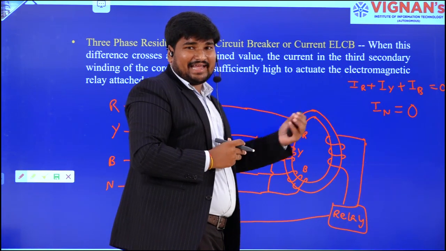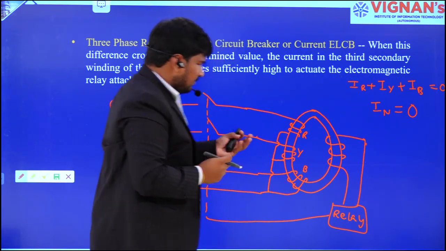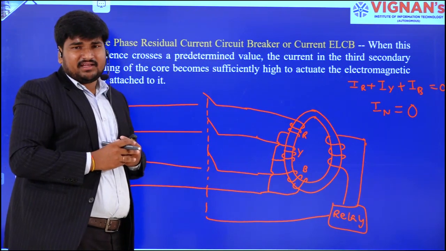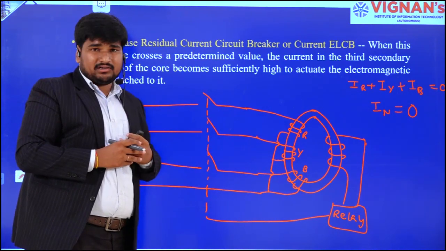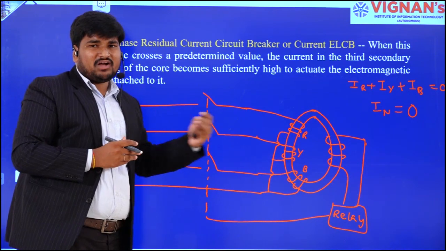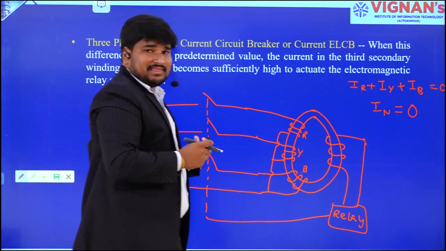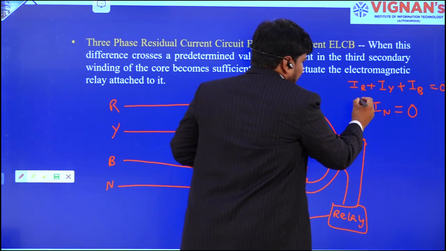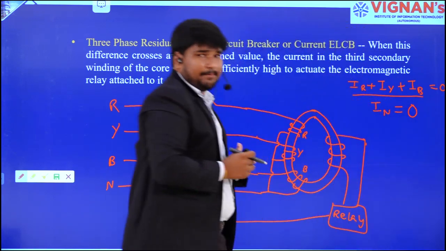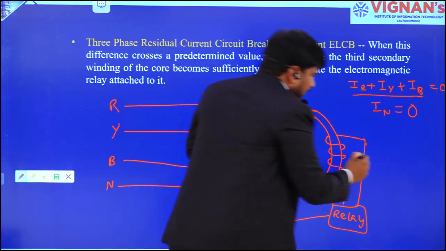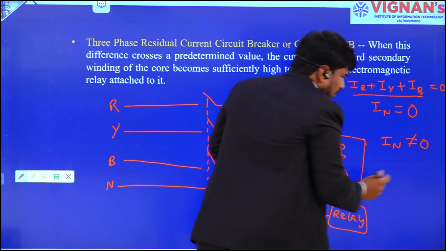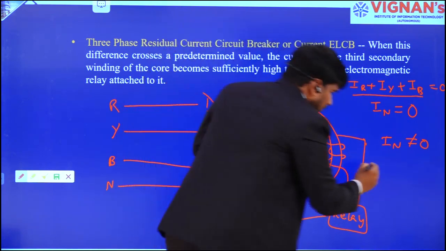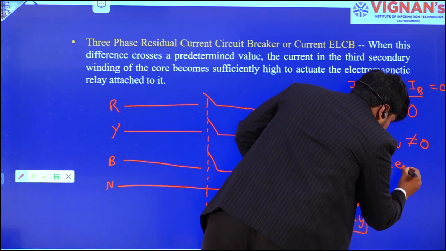For example, if any leakage occurs, because of this leakage the currents in three phases will not be the same, and there is a production of neutral current as well. So now in this condition neutral current will not be 0 during leakage.